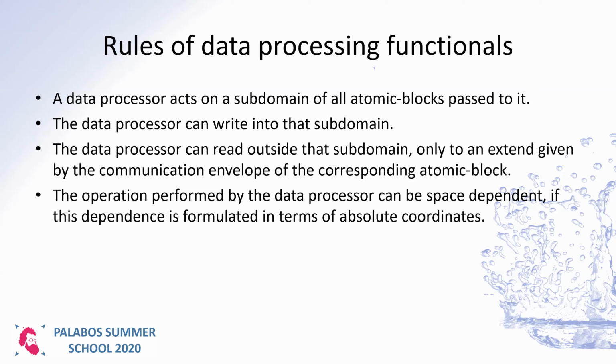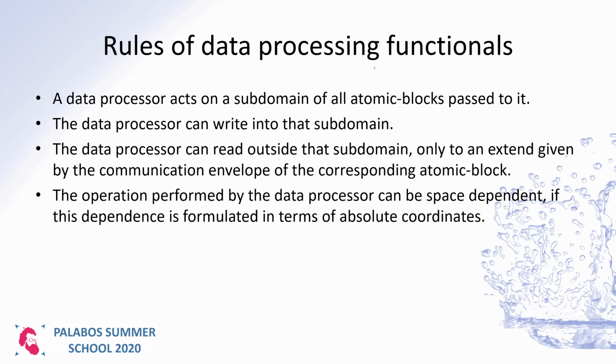Now, the operation which you perform can be space dependent. What does that mean? You can do an operation which depends on the explicit value of the x and y coordinates. That was not the case in the example of the previous slide, when you wrote the coupling. We did not use the x and y values explicitly for our computation.